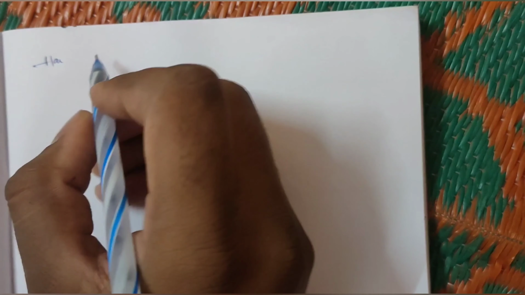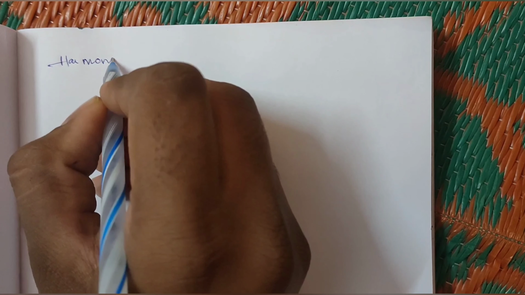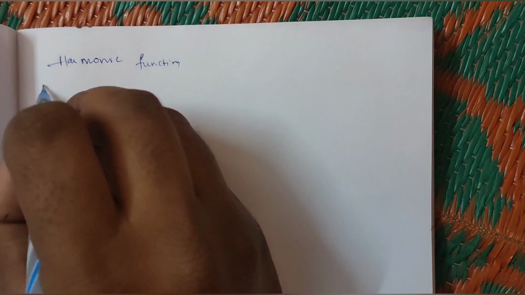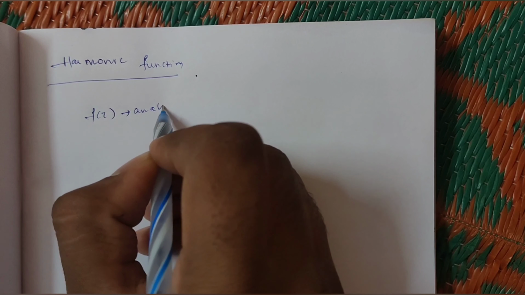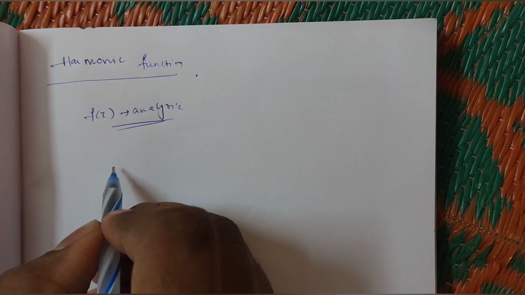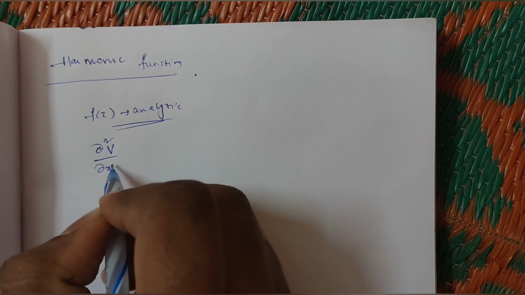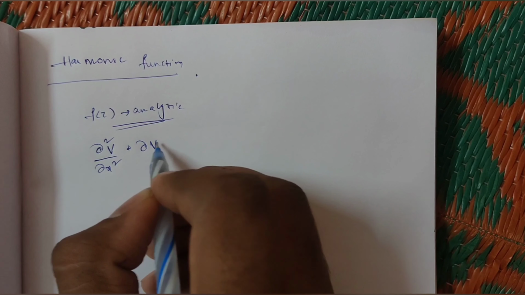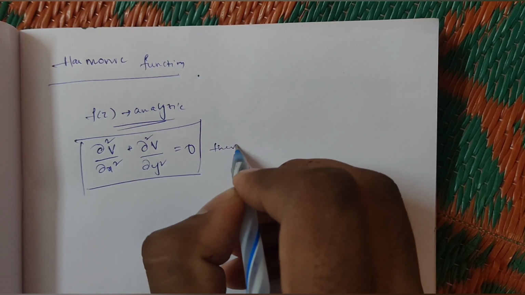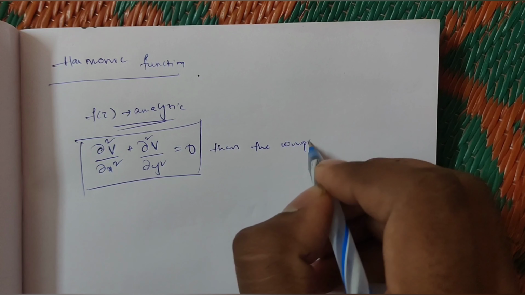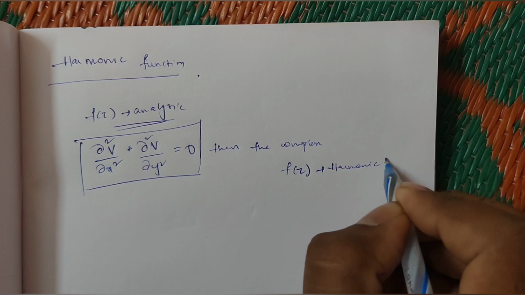And now we'll be discussing what is a harmonic function. So what is a harmonic function? If a function f of z is analytic, and dou square v by dou x square plus dou square v by dou y square equals 0, then the complex function f of z is said to be a harmonic function.